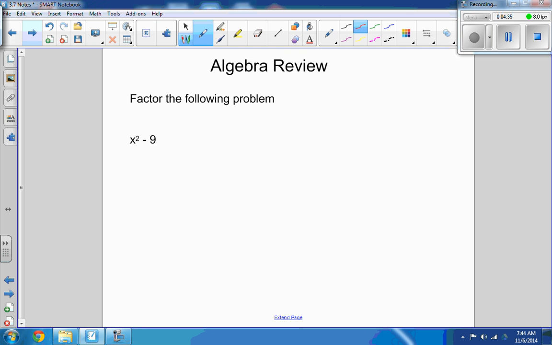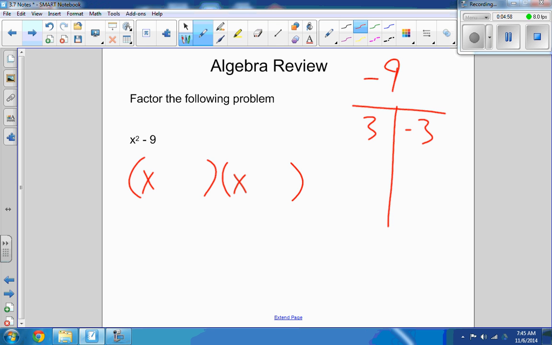Let's do a little bit of algebra review. We're going to factor the following problem: x squared minus 9. There's no x term, there's an x squared. So I've got to think about this. This is going to be x plus something, x minus something, and so forth. Negative 9 factors into 3 and negative 3.